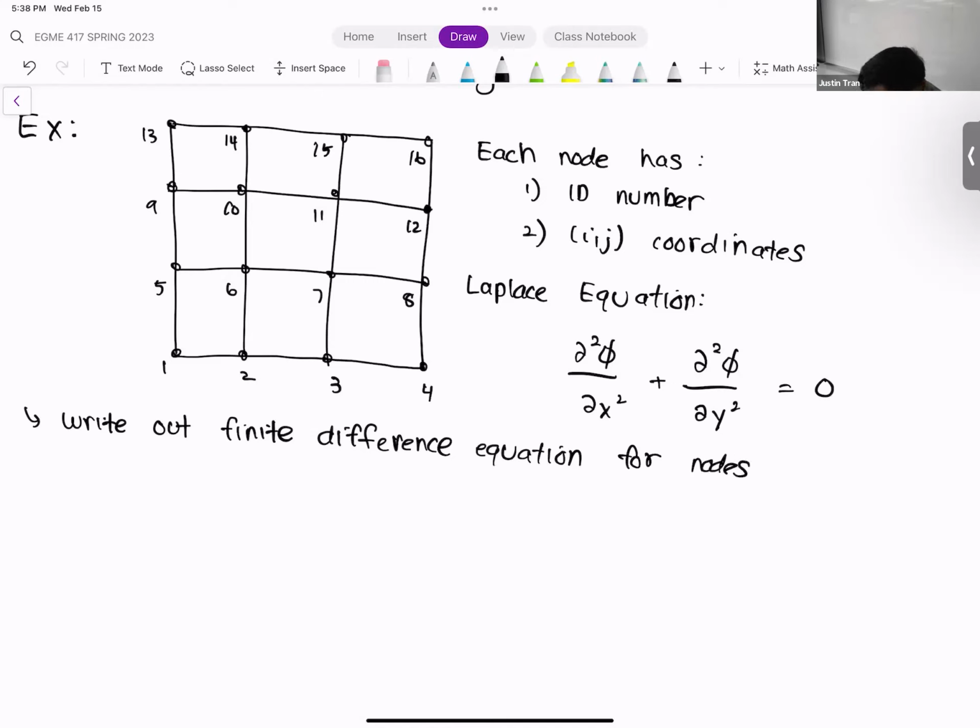Let's do node 6 and node 10. Node 6 obviously is right here, and node 10 is right above it.